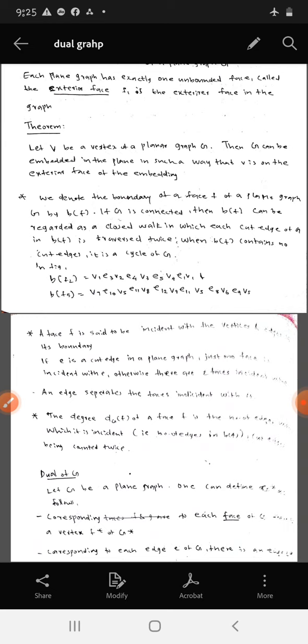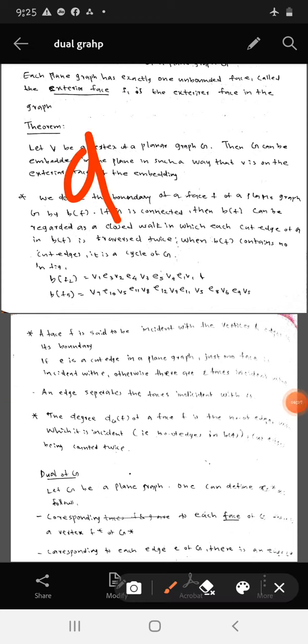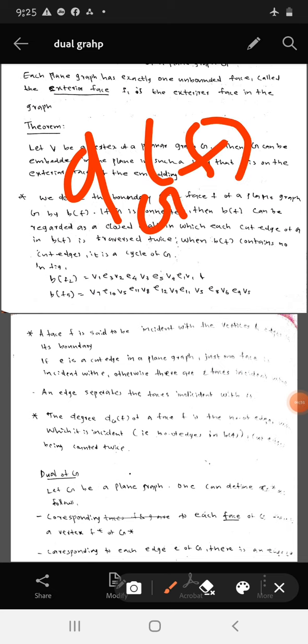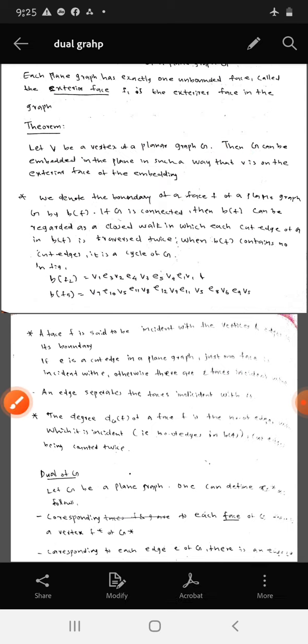The degree d of F of a face F is the number of edges with which it is incident, that is, the number of edges in B of F, cut edges being counted twice.